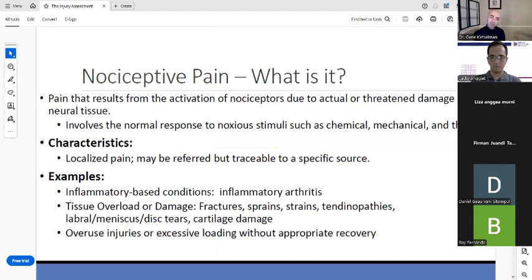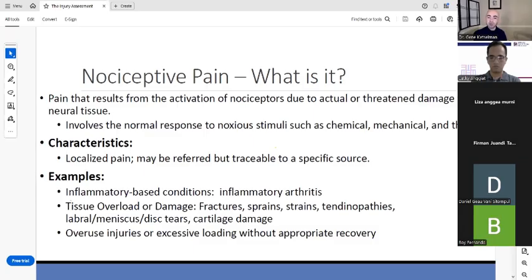So for characteristics, they're going to have localized pain. It may be referred, but still traceable to a specific tissue source. So examples of nociceptive pain are those that you typically think about with injury. So your classical type of injuries. So we have inflammatory-based conditions.